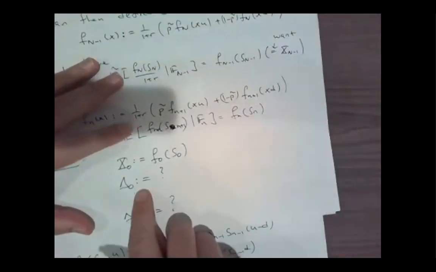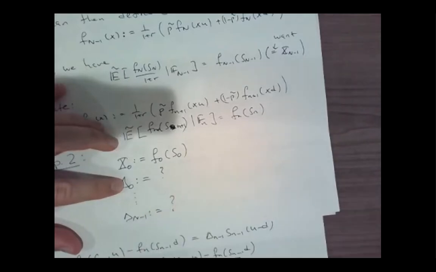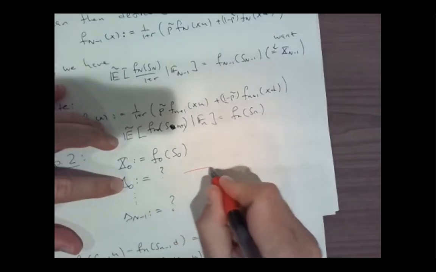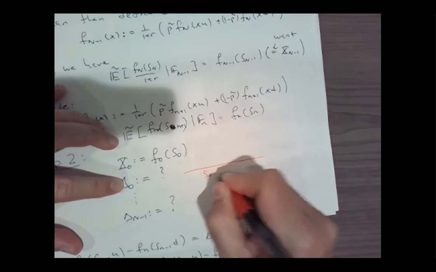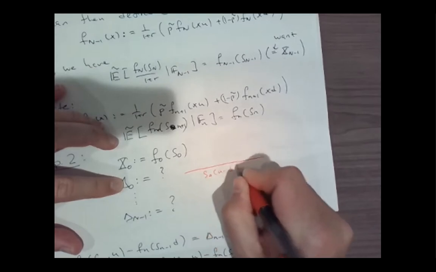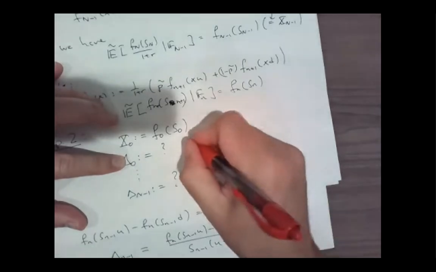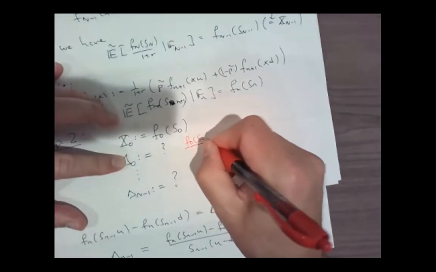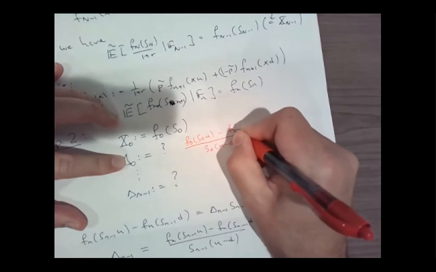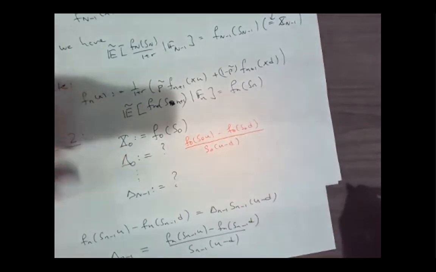We were able to provide the formulas that we need, so I can fill in, for example, what to put here. This is going to be F0 S0 u minus F0 S0 d, over S0 u minus d.